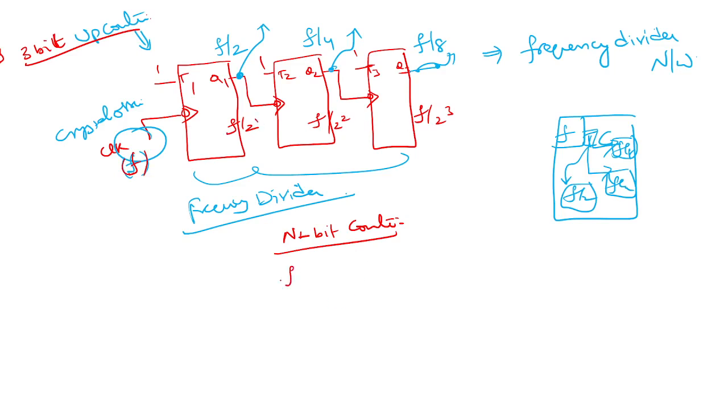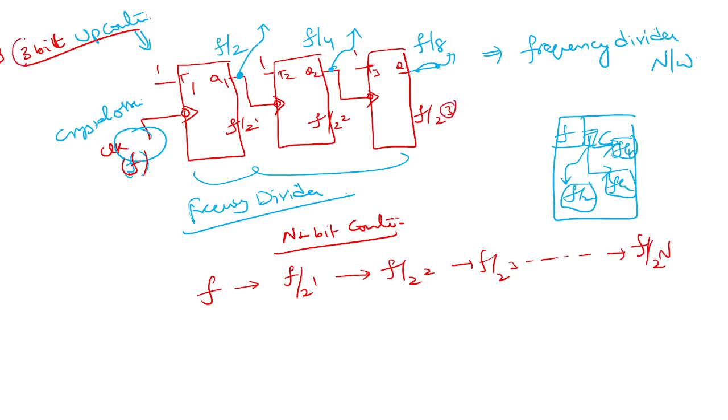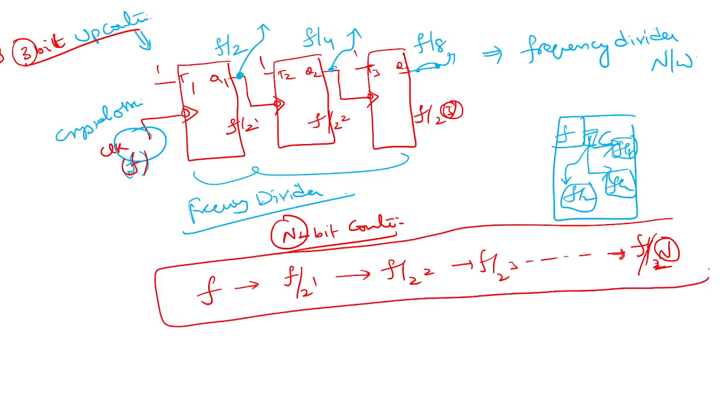If you have n bits, then F by 2 power 1, and so on. What is the final frequency? F by 2 power n. For 3-bit you got F by 2 power 3. For n-bit, you will get F by 2 power n. These many frequencies you can have along the line.